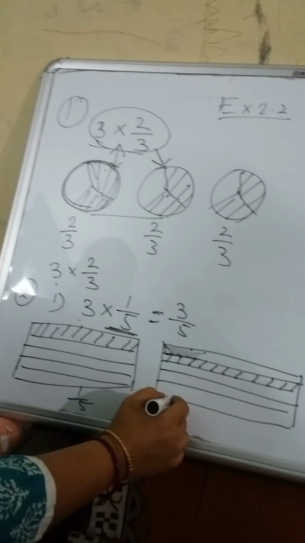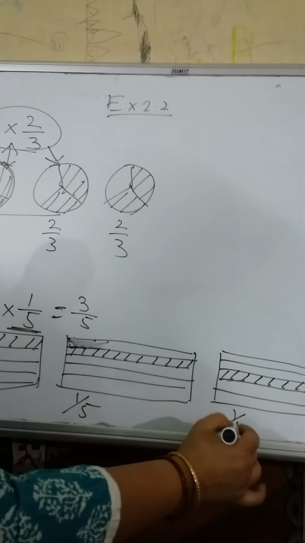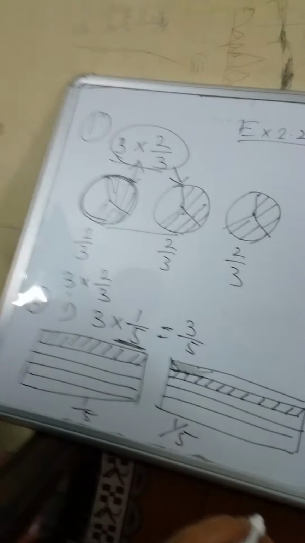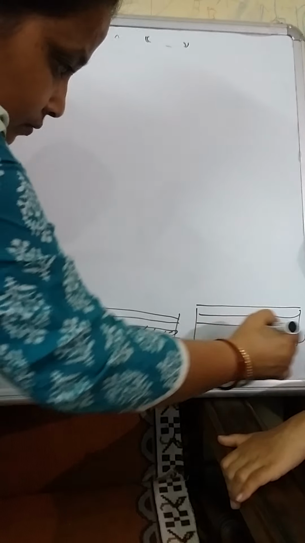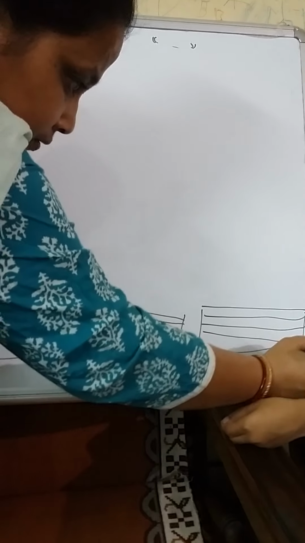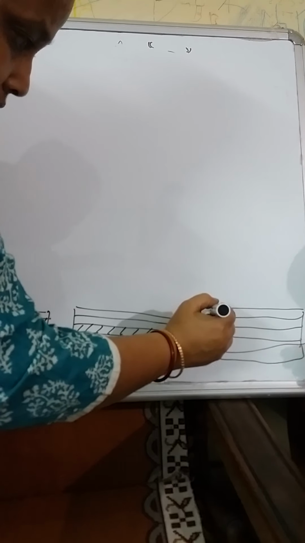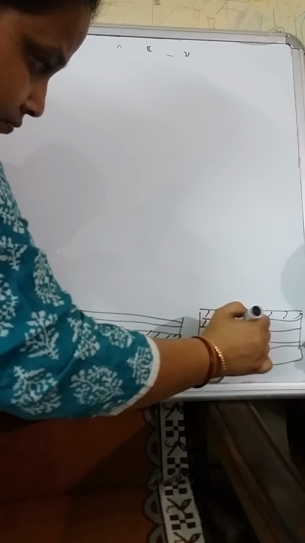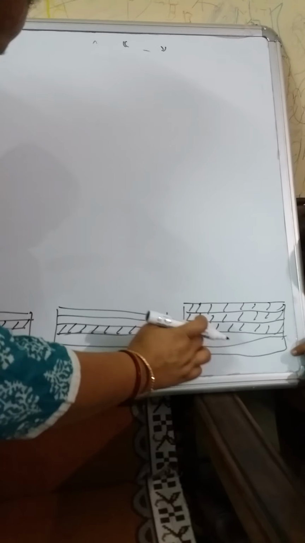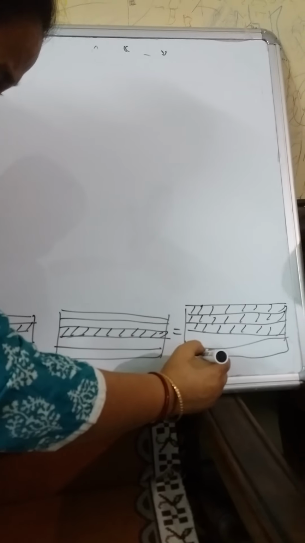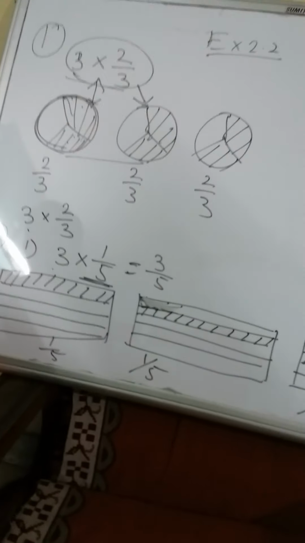So I can write it as 1 by 5, and its result that is given, it is 5 equal parts divided, and 3 of them are shaded. So that is 3 by 5. So that means 3 times we are multiplying 1 by 5.